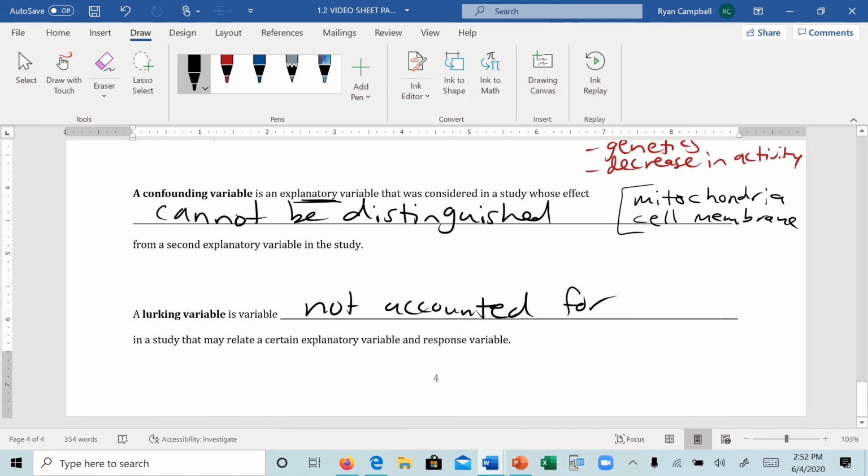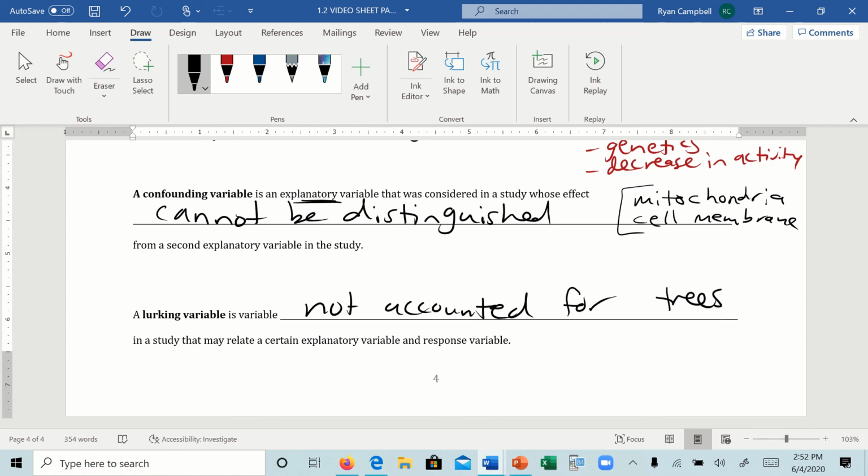The other one is just you're not thinking about it at all. So if you had a study of rats, well, let's do something else. A study of trees, and they were just all over the place.